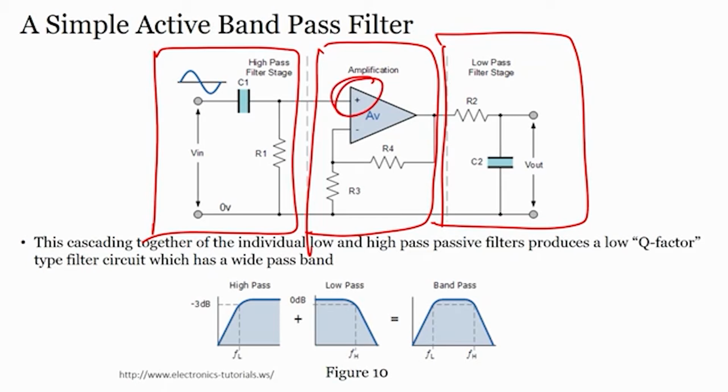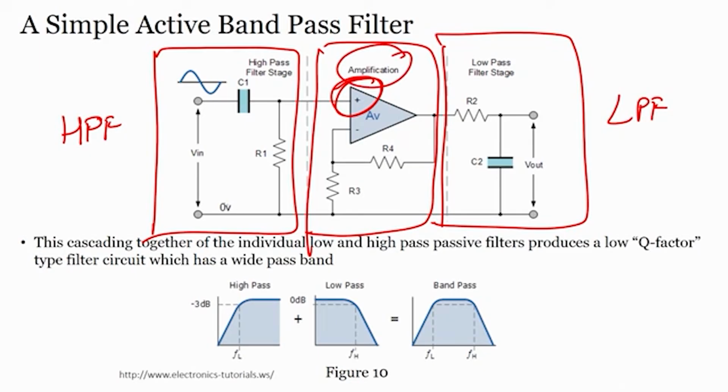We apply this input signal to the non inverting terminal of the amplifier. That means by cascading the high pass with the low pass, and integrating high pass with amplification and then connecting it to the low pass, this will give us a simple active band pass filter. What I am saying is, we have a high pass filter, we have a low pass filter, and we have an amplifier, right.